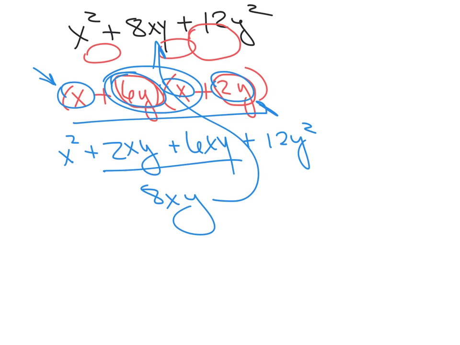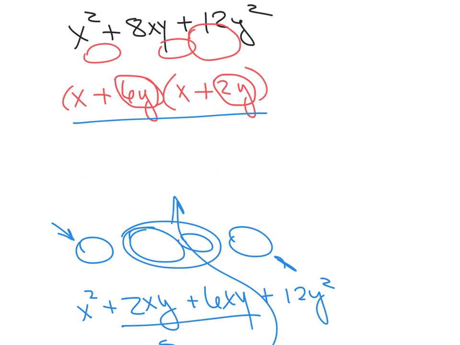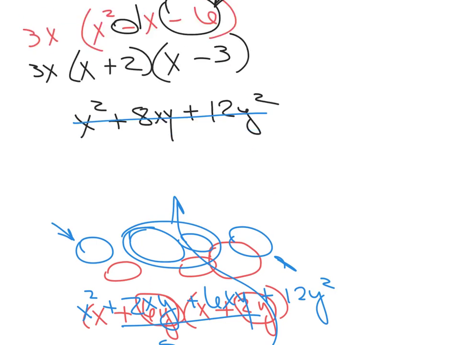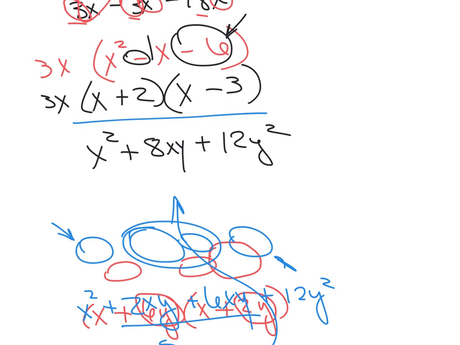Okay, so these are a little bit tricky. I'm looking for numbers that multiplied together give me the 12y. Okay. So here's the problem right there.